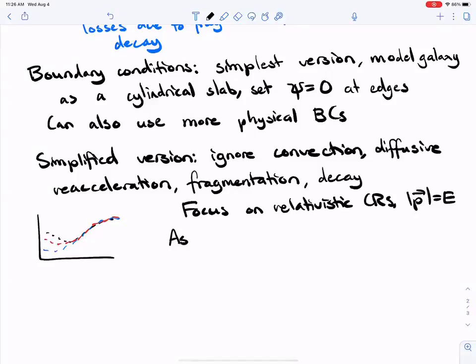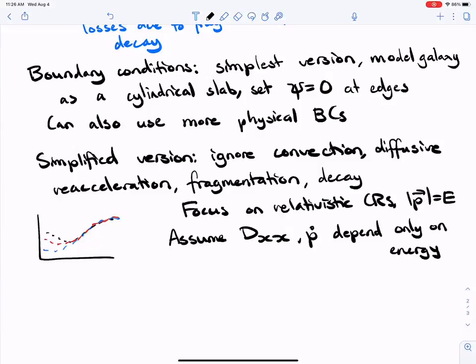And I'm also going to assume that the diffusion coefficient and the energy loss rate, which are my only two remaining terms in the equation, are only functions of energy. So I'm going to ignore any dependence that they may have on position in the galaxy or direction in which the particles are moving. Okay? Now, the numerical codes are not making all of these approximations. This is our theorist's approximation.